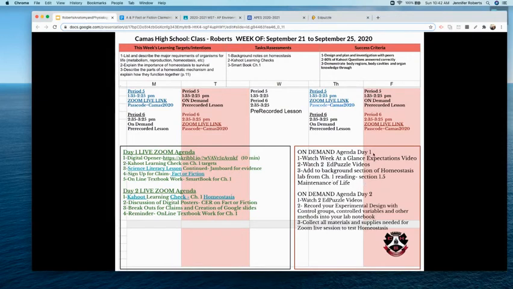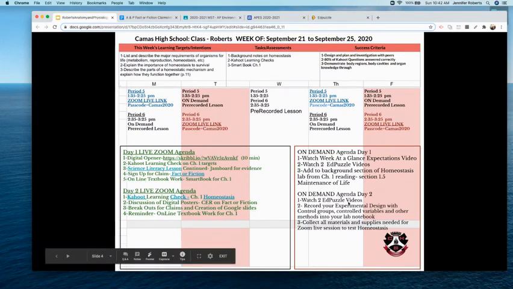So remember that we're going to build our background knowledge of what this term means before we ask a good question for a lab. And then on on-demand agenda day 2, watch another 2 Ed Puzzles. Start recording your thoughts about a question that you could ask. Don't worry about experimental design. I want to brainstorm this together. So on our Zoom live session, it says to test homeostasis.